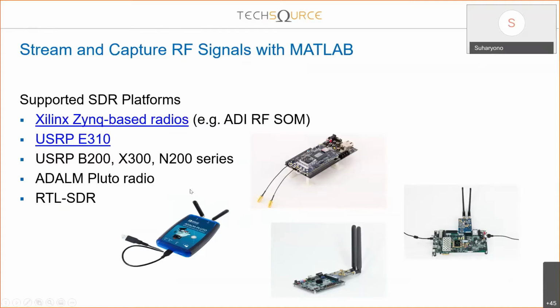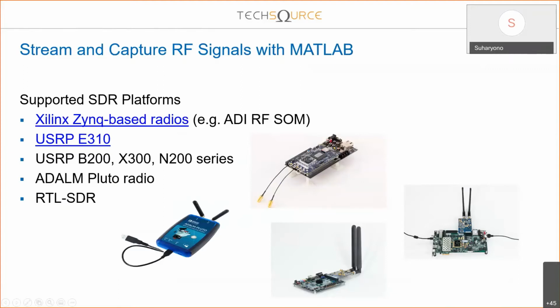So what we have seen up to now is the first aspect of the SDR design, where we design the entire system in MATLAB and Simulink. And then the second one, where we test it with a real-life signal.